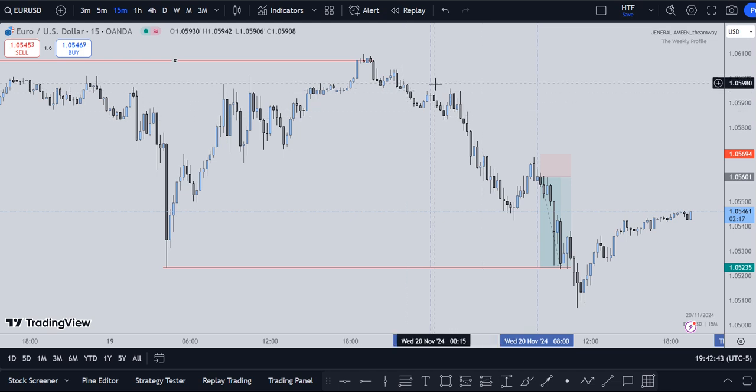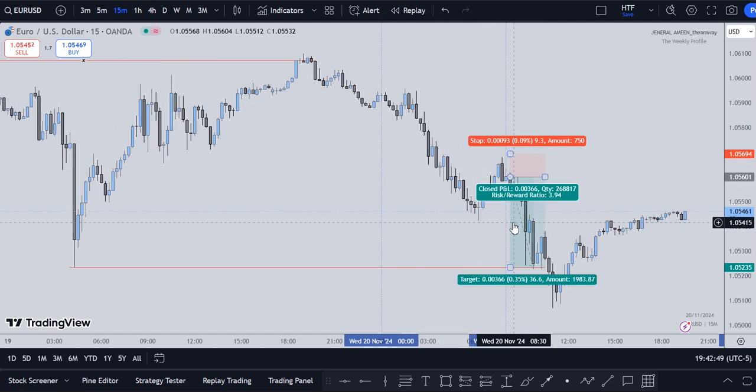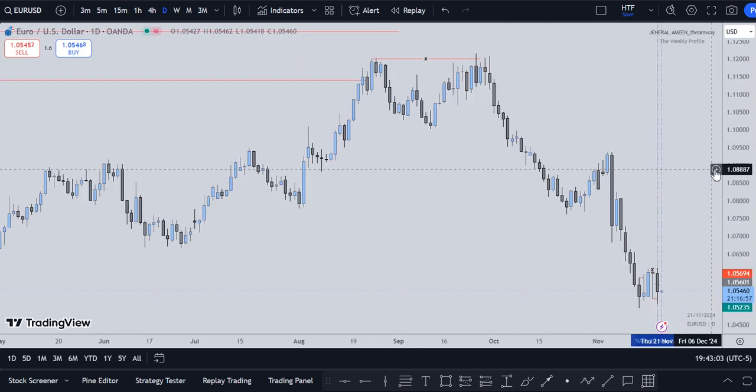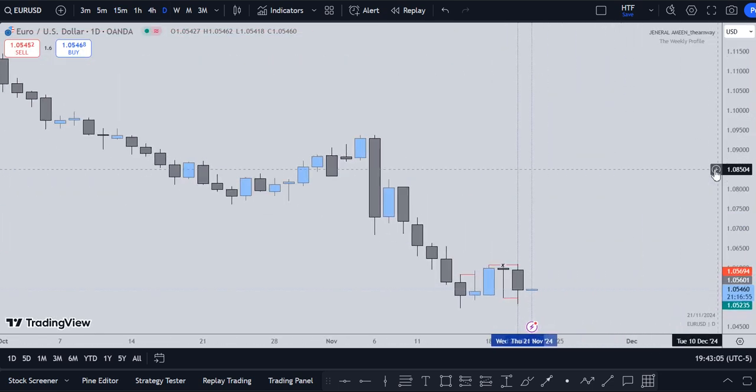So during London, we had an extended low, right? We had an extended low, and then my main target was to actually take this during the New York trading session. The reason is because the higher time frame had actually proven that it wants to trade lower.